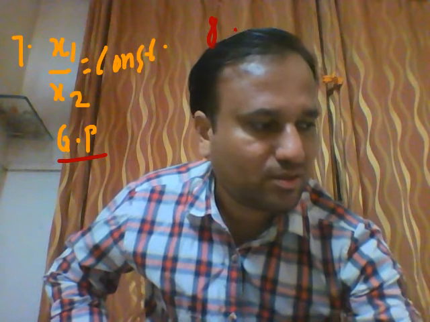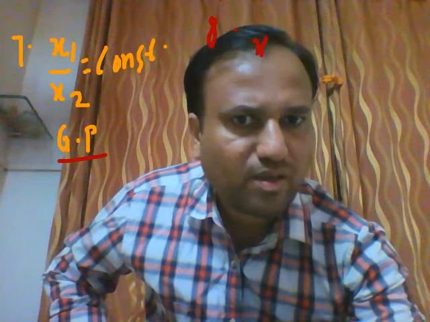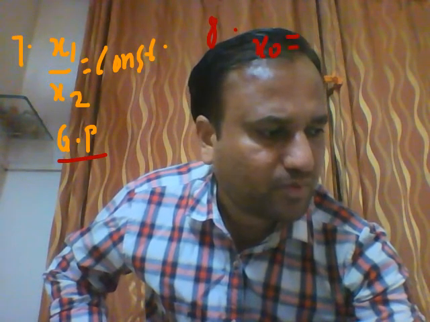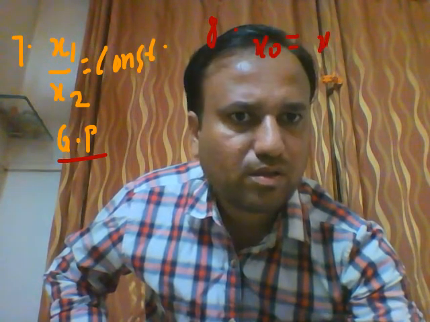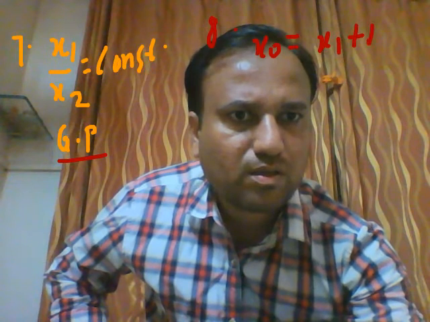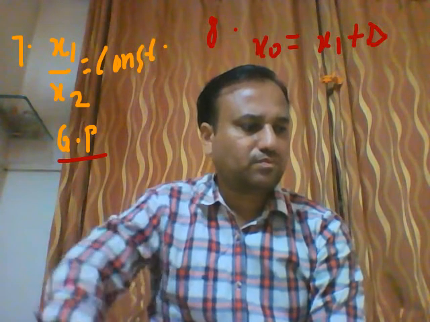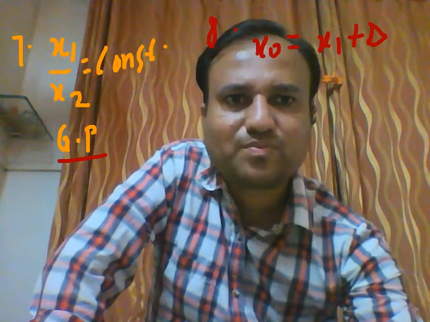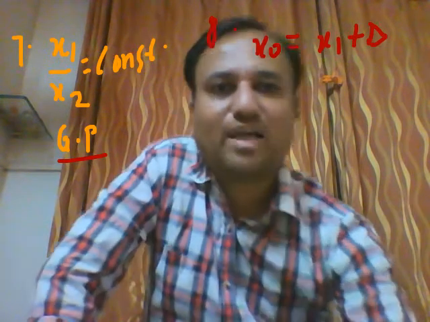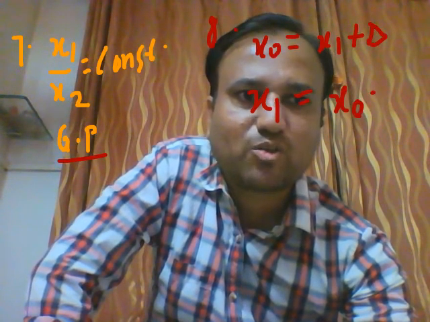Now as per Coulomb damping is concerned, let x0 be the initial amplitude, and the next amplitude is x0 minus delta.